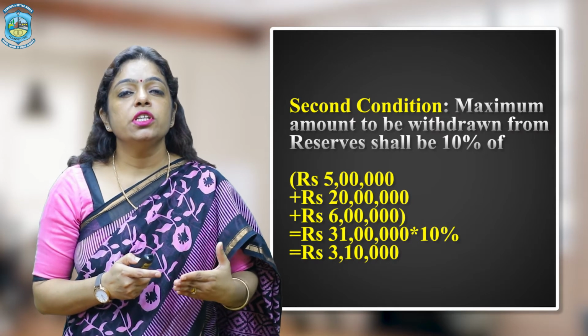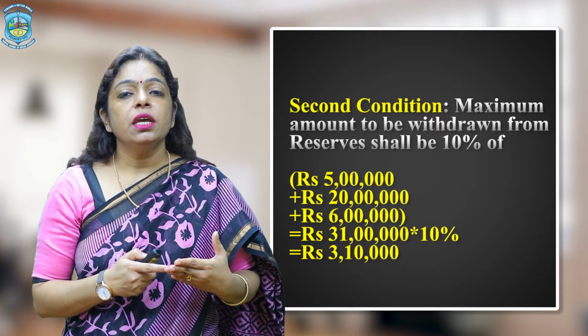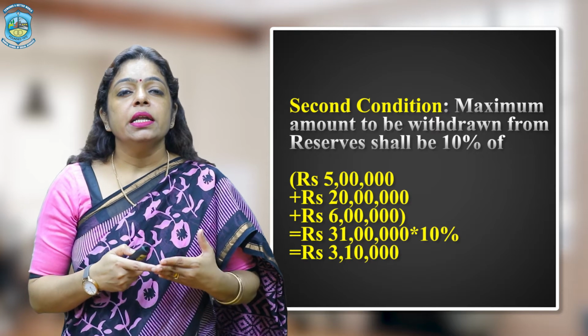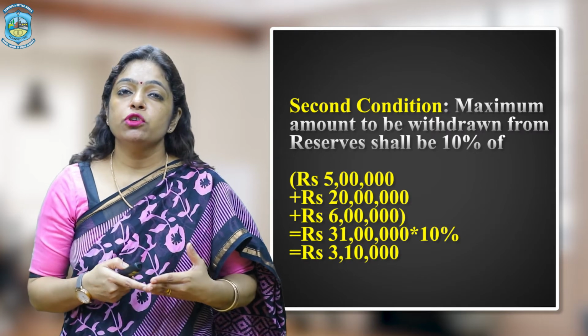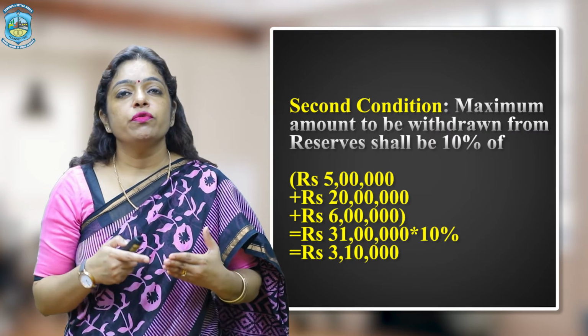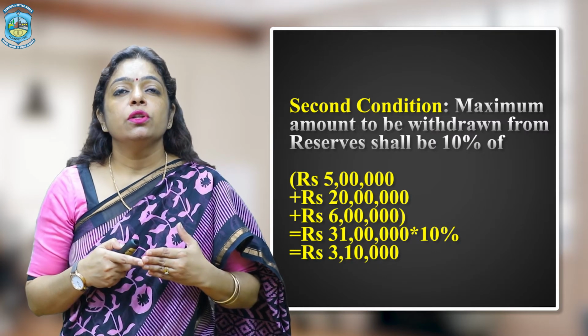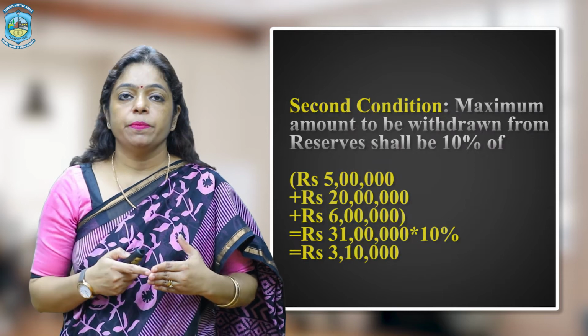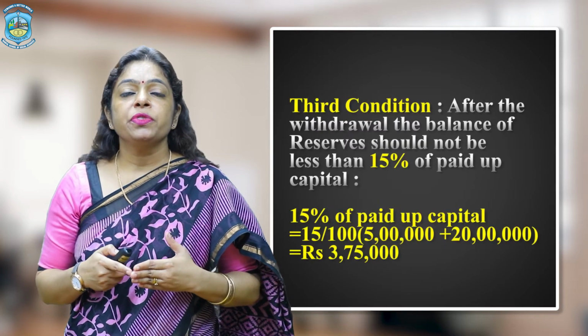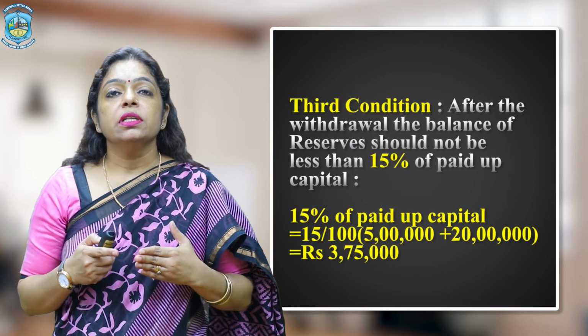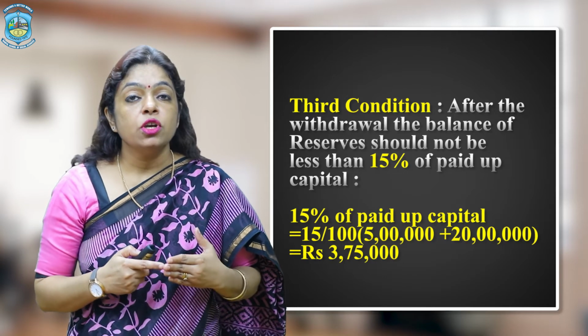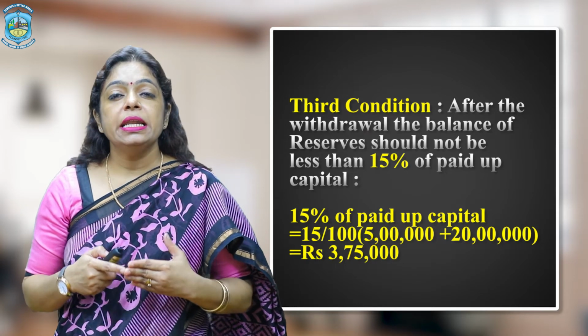The total of all these three is 31 lakhs, and the maximum amount that can be withdrawn is 10% of the three together. So the amount comes to rupees 3,10,000.